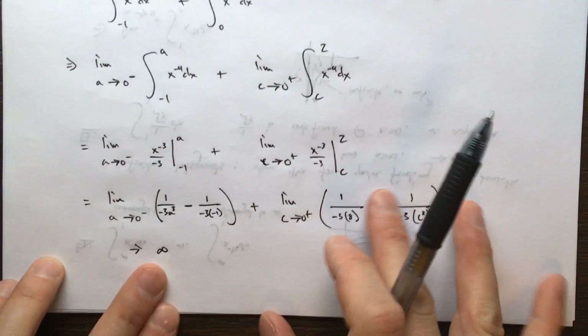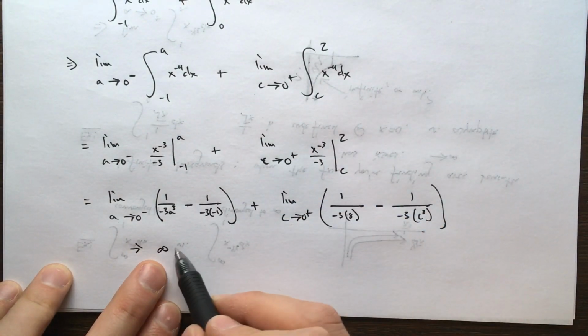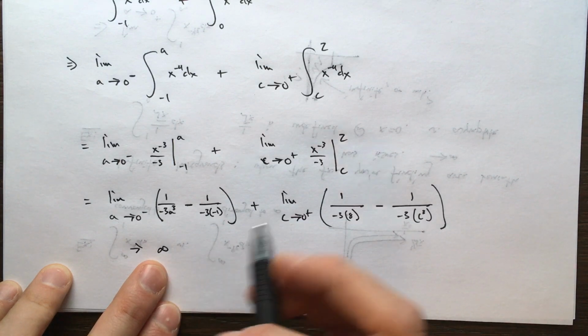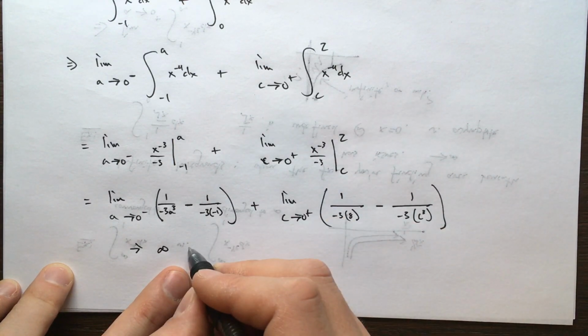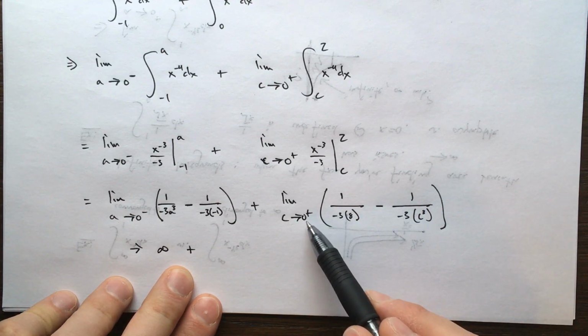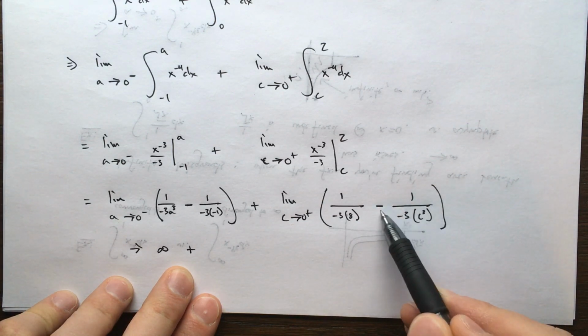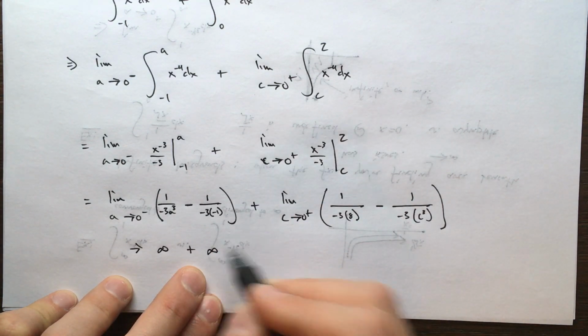And then at that point, I don't even really care about this because if one side of my integral goes to infinity, it doesn't really matter what the other one does, but I'm sure it goes towards infinity as well. And as c approaches 0 from the right, this is going towards negative infinity. With the negative, it's also going towards infinity.